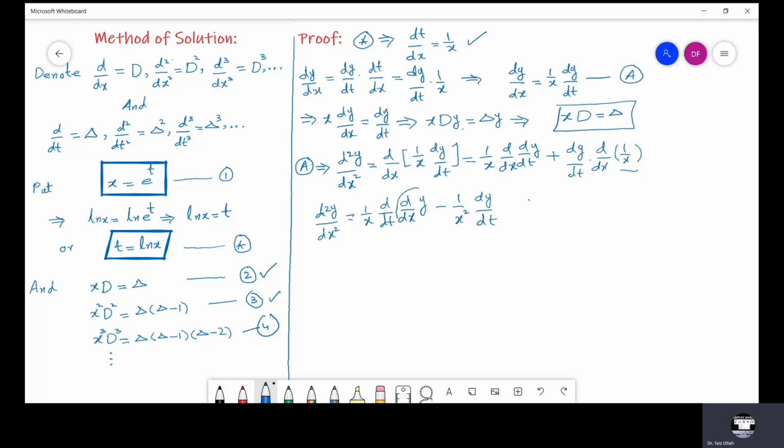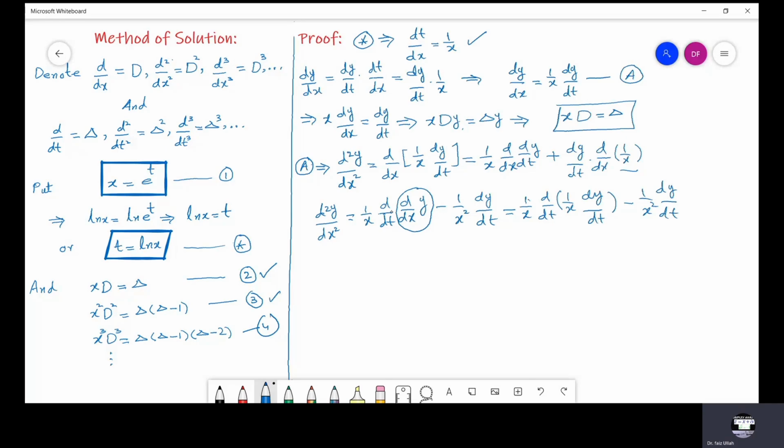And now from equation number A, we have the value of dy/dx. Let us put the value of that term. We have (1/x) d/dt of (1/x)(dy/dt) minus (1/x²) dy/dt.